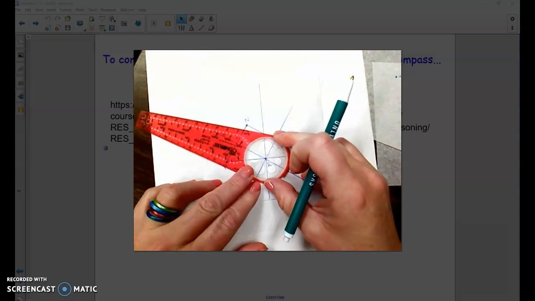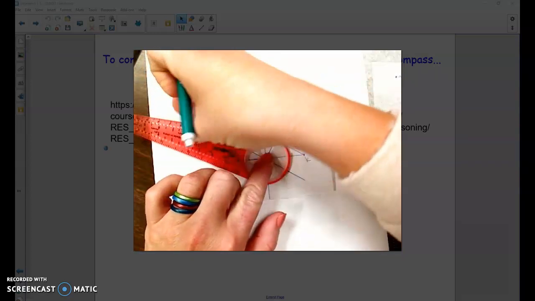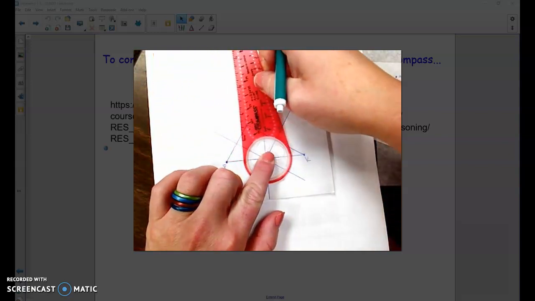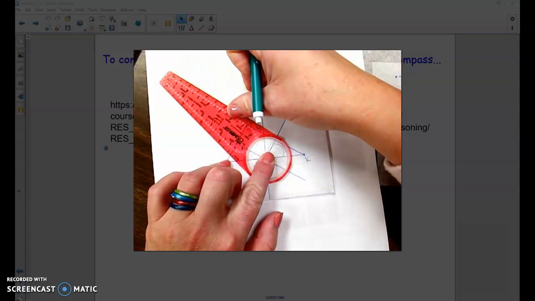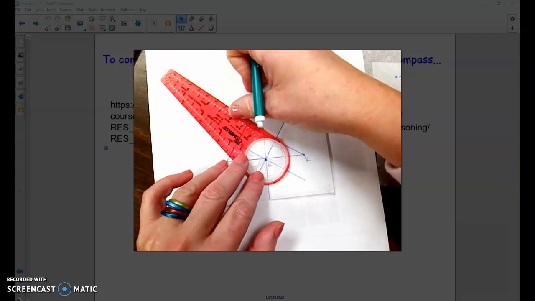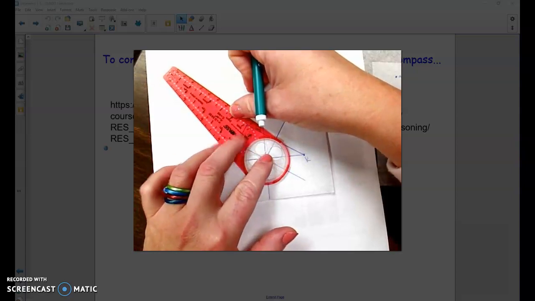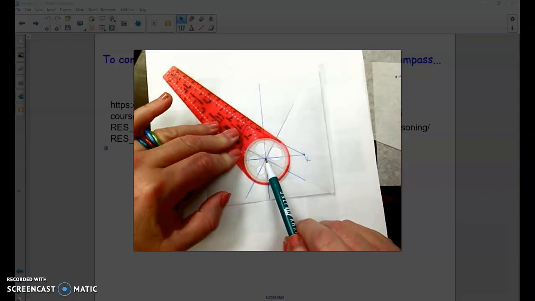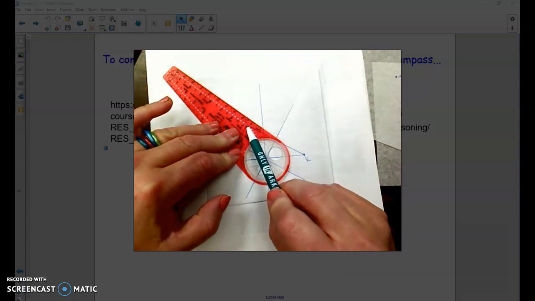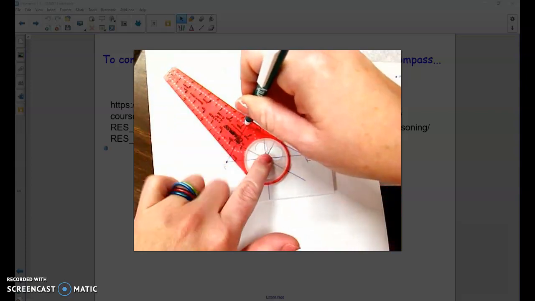I'm going to put the center of my compass on R, and choose a hole setting on my compass that will go through N or K or P, it doesn't matter which one, and it looks like, if I can keep this straight, that's my closest one. You can see I have this hole on R and that hole right there on N. This is the setting I'm going to use for my radius.